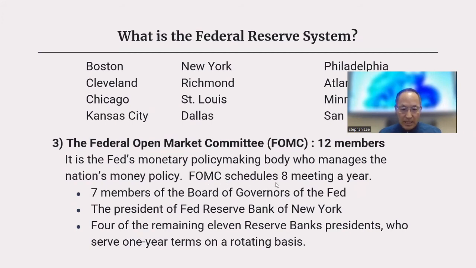The FOMC schedules 8 meetings a year. Remember, on November 2nd and 3rd, we had one FOMC meeting, and then December is scheduled to have an FOMC meeting on December 13th and 14th. It's not a regular schedule, but I know it's always Tuesday and Wednesday.